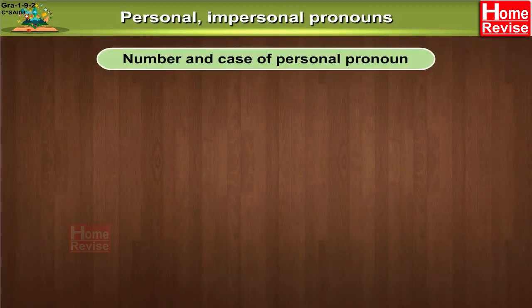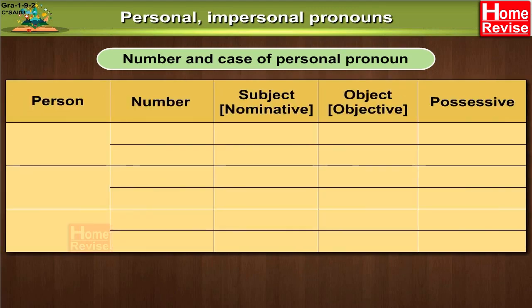Number and case of personal pronoun. Here's a table with person, number, subject (nominative), object (objective), possessive. First person, singular, subject I, object me.